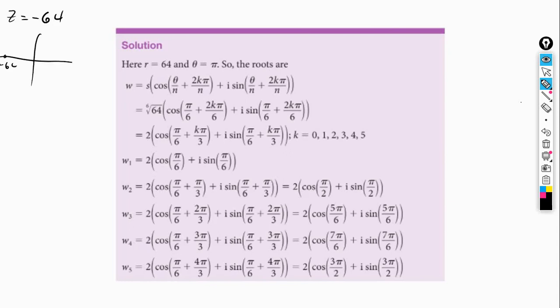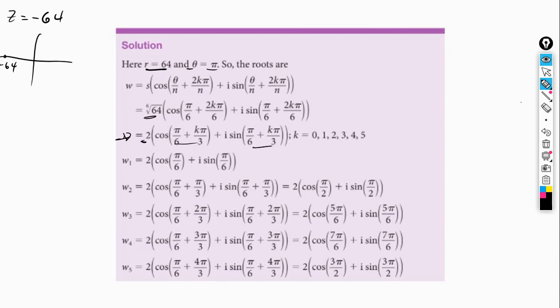So that means that r is going to be 64, and the angle theta, or the argument, will be pi. So then we can write, using the formula, the roots in this form here, because we would do the sixth root of 64, which is 2, and then pi over 6 plus k pi over 3 for both cosine and sine.